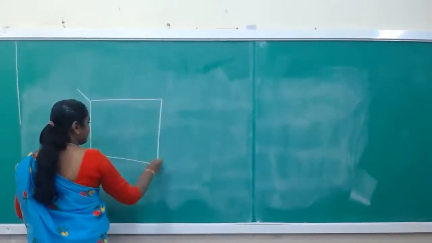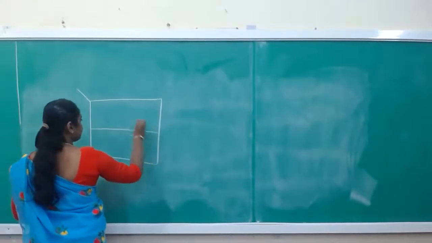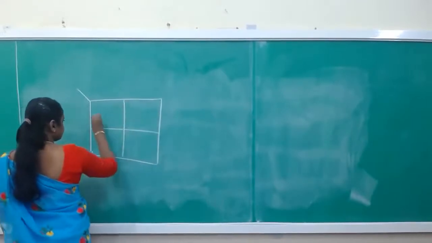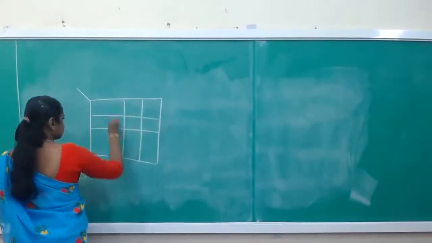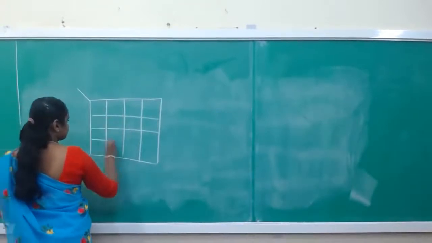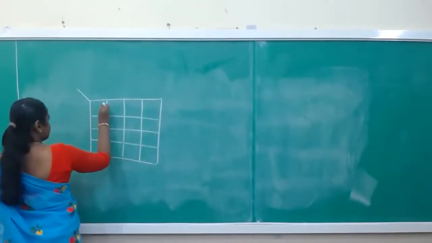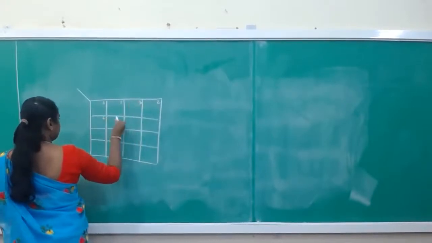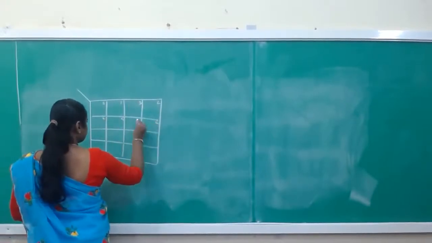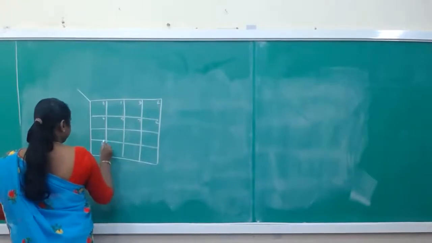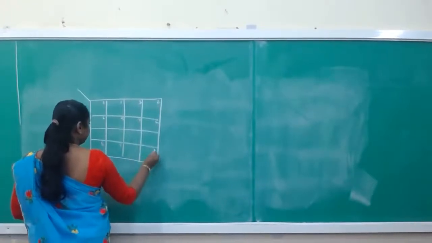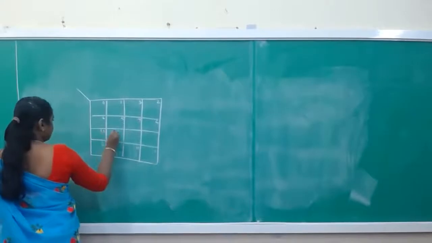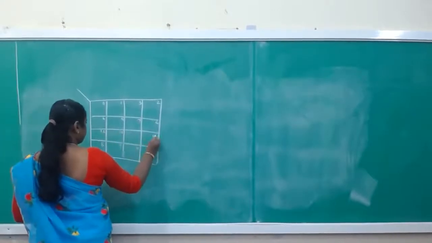This is the layout for 4 variables. 0, 1, 2, 3, 4, 5, 6, 7, 8, 9, 10, 11, 12, 13, 14, and 15.